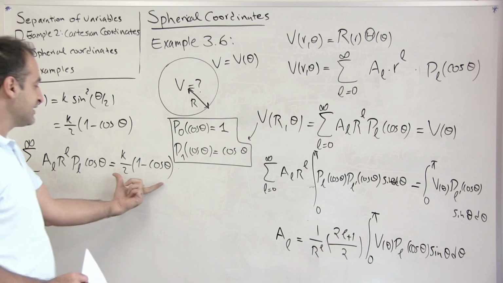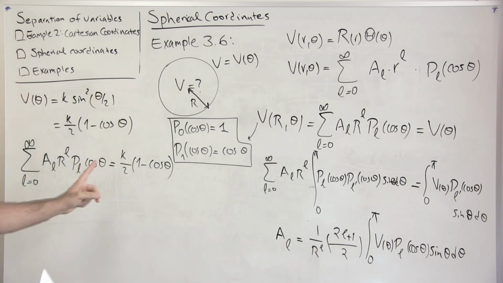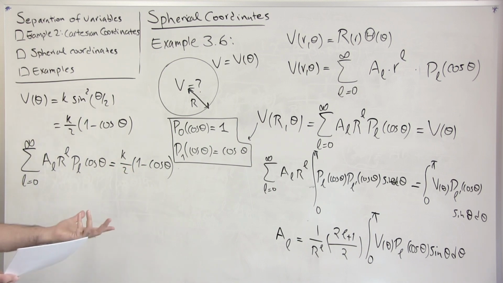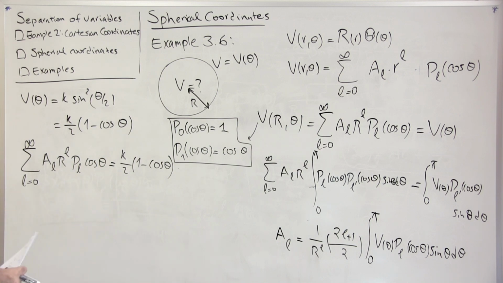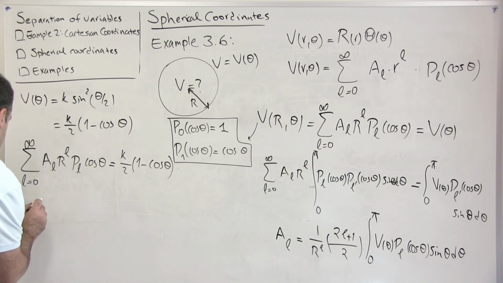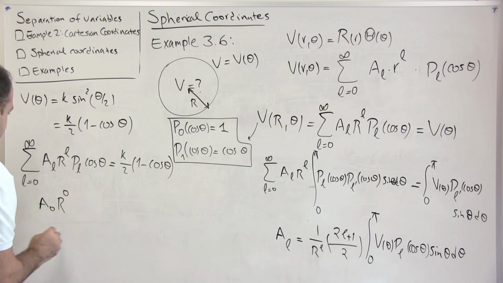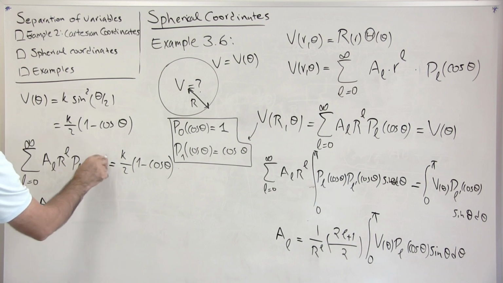By just looking at this side, we see that on the right-hand side, we have two terms. One of them is the zeroth order. The second one is the first order. That clearly tells us that we don't need all this summation over infinity. We just have number 0 and number 1, okay? Meaning that we can write it in terms of A0, r to the power of 0, P_l of cosine theta, right?